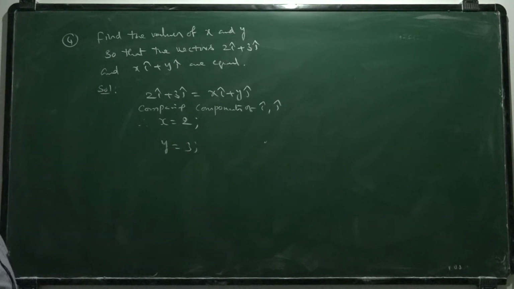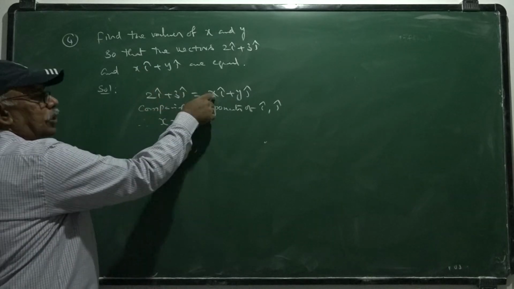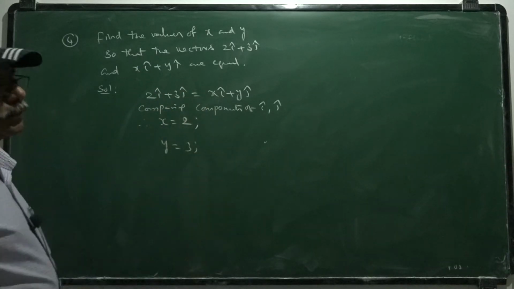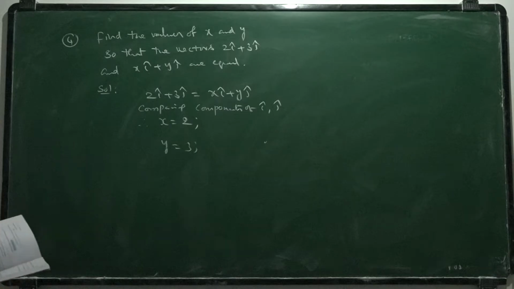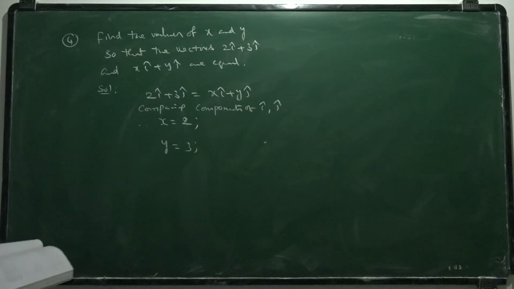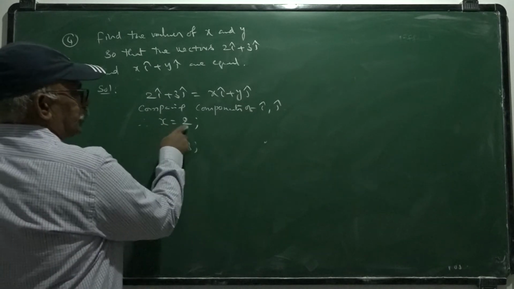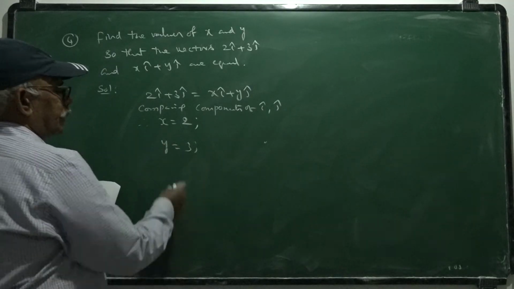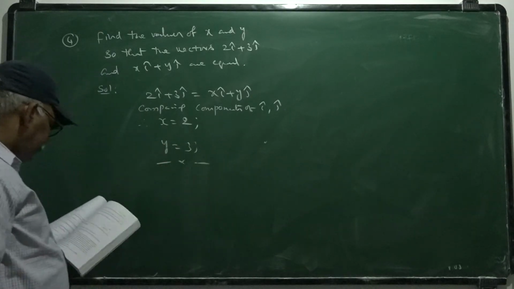So, once two vectors are equal, the components are equal, hence we can compare the components of i, j. If the given vectors contain a k term also, you can compare the k components. So, x takes the value 2 and y takes the value 3 here.